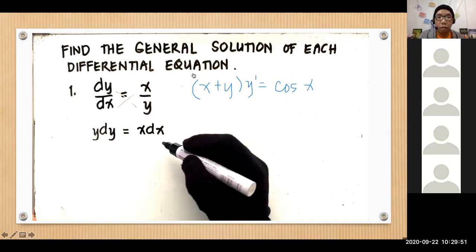Okay. Although dalawang terms yan, kapag distribute mo tong tingnan natin ha. Sige, if you multiply both sides by dx, kasi we know that y prime is dy over dx. Para maging differential siya. Ang gawin natin. So you have now x plus y times dy, makancel yung dx, equal to cosine of x dx.